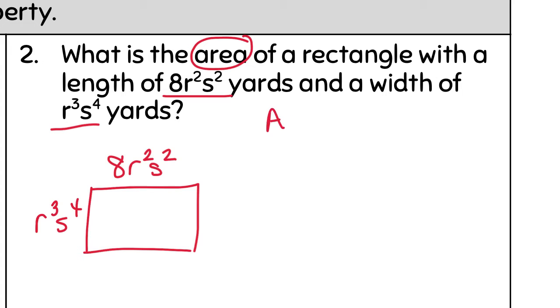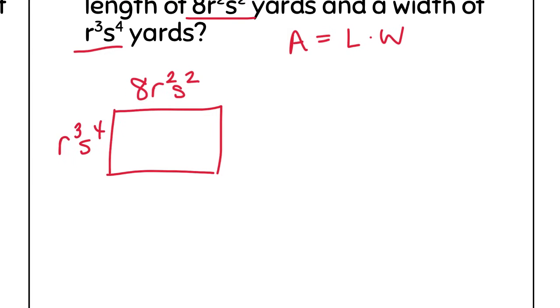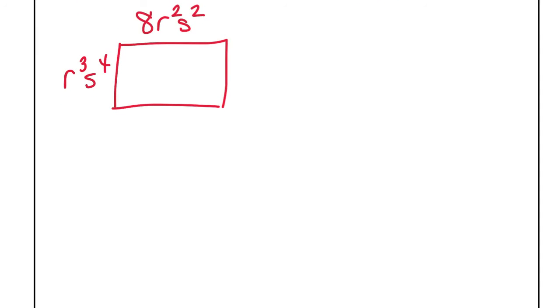We know to find the area of a rectangle, it's always length times width, so we're going to multiply those two expressions. 8r to the second s to the second times r to the third s to the fourth.